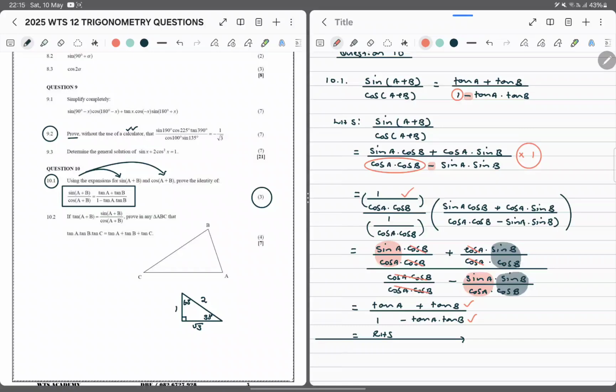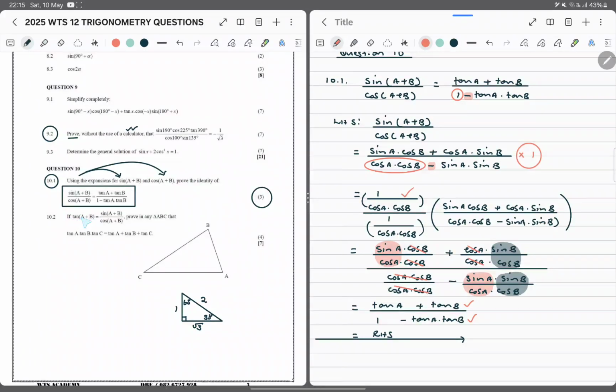I would suppose a mark for the numerator, a mark for the denominator, although it was already given, but since we had to use identities to get these, it sounds right to do that. Okay, so not very complicated, but certainly something that is crazy. Let's look at this 10.2.